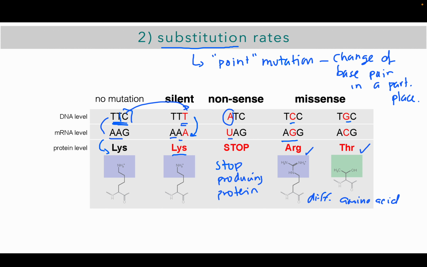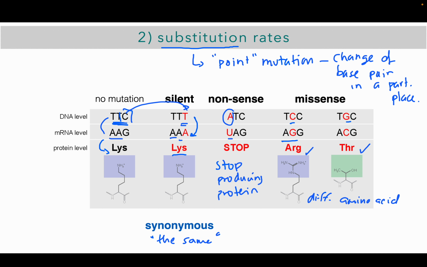So these are three possible ways of mutation happening, right? And the one that really matters, the one that really affects you, is not the silent one. The silent one is the same, you got the same result. So we call the silent one synonymous, meaning it's the same thing. Like duh, you get a haircut, duh, looks the same, right?